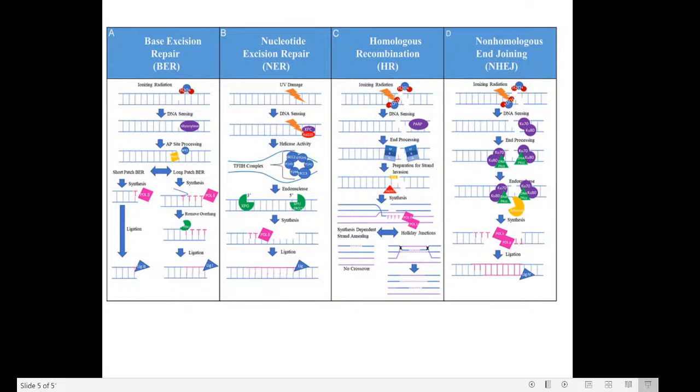Then after the cutting, nucleotides are added. Here you can see the single pink color, these are the nucleotides. They may be added separately, so you can add only one or you can add more.